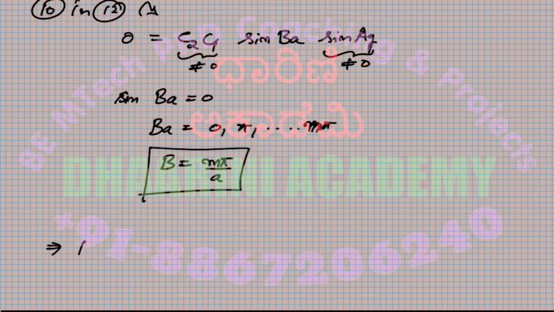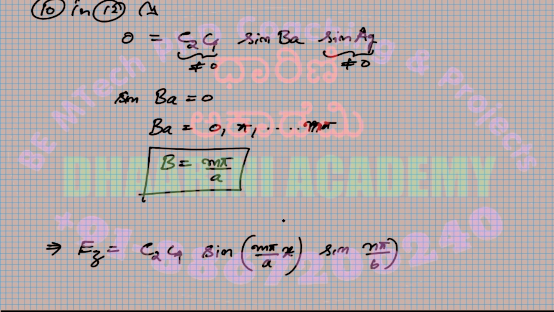This implies Ez is equal to, we have C2, C4 unknowns, sine m pi by a x, n pi by b y. Okay, so you see this is the Ez component value.